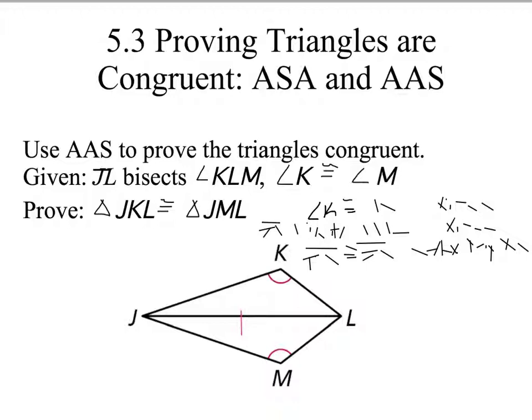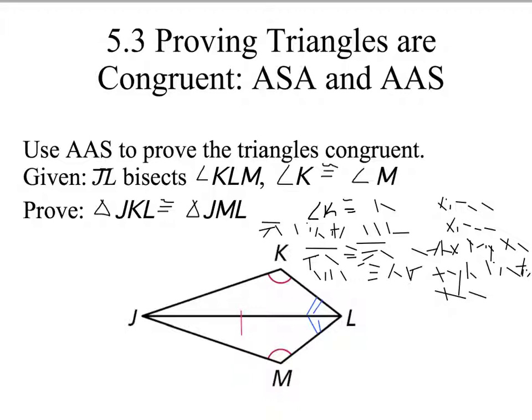In order for us to use the angle side theorem, we need another angle to be congruent. Angle KLJ is going to be congruent to angle MLJ. Why is that congruent? Because of our angle bisector theorem.